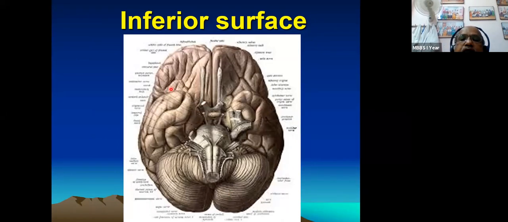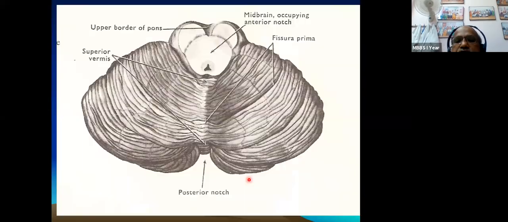Your cerebral hemisphere on either side you are able to make out. This is the median sagittal fissure. Next, this is your pons, this is your medulla, this is your cerebellum. In these three ways you are going to see the brain: supralateral surface, medial surface, and inferior surface.